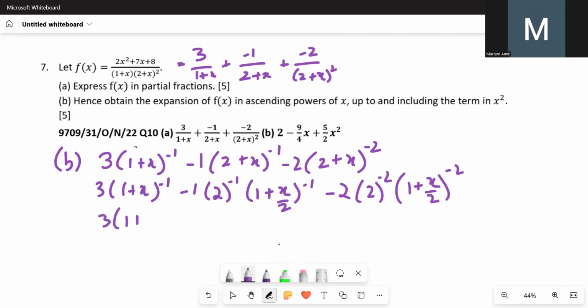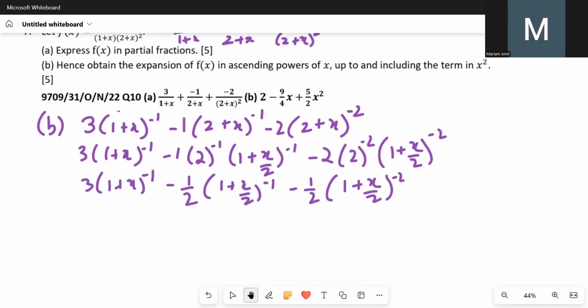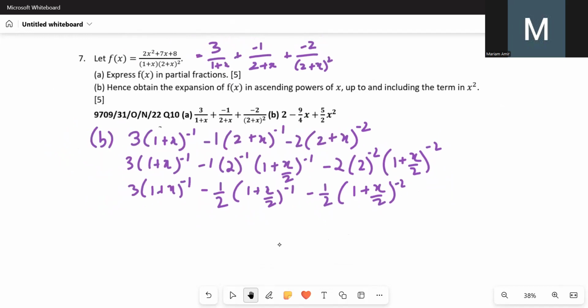So 3 (1 plus x) to the power minus 1, then negative half (1 plus x over 2) to the power minus 1, and then this simplifies to minus 2 over 4, which is minus half again, (1 plus x over 2) to the power minus 2. Now we're going to apply binomial expansion on each of these brackets.